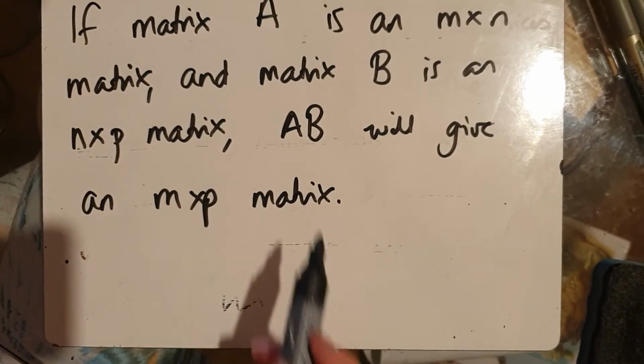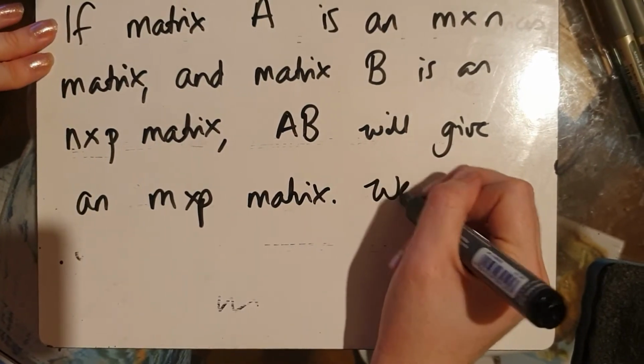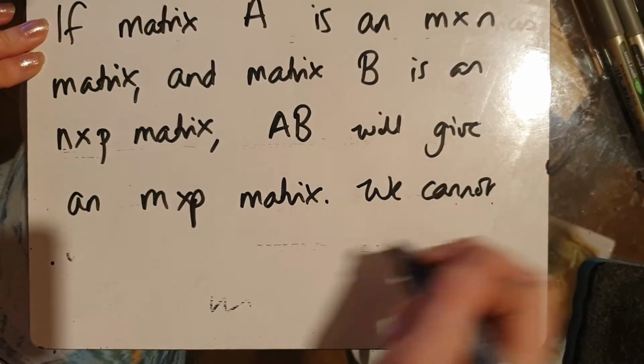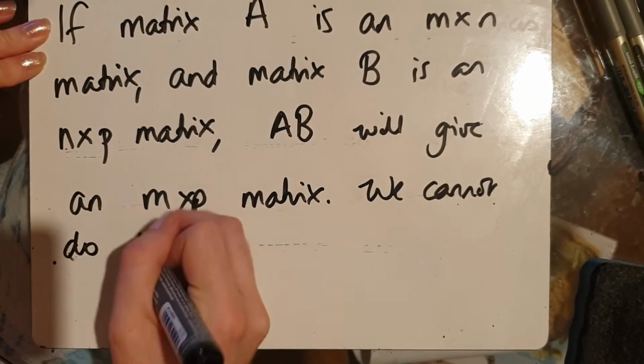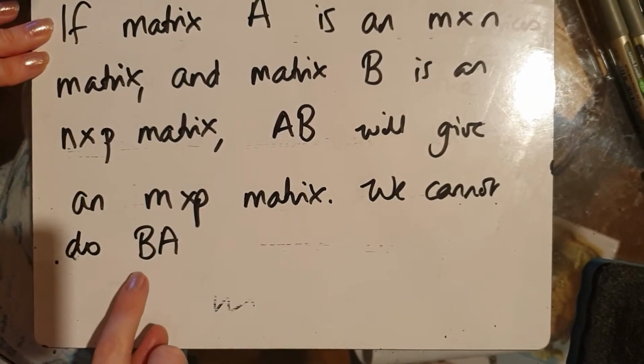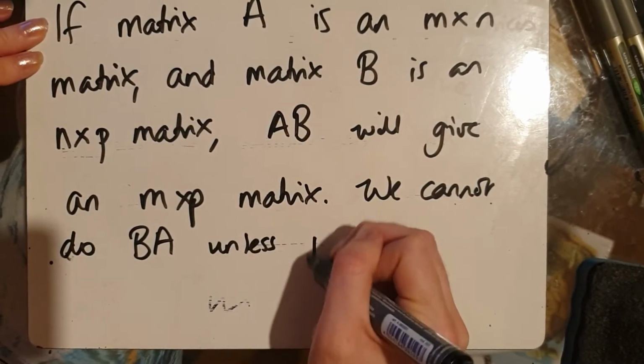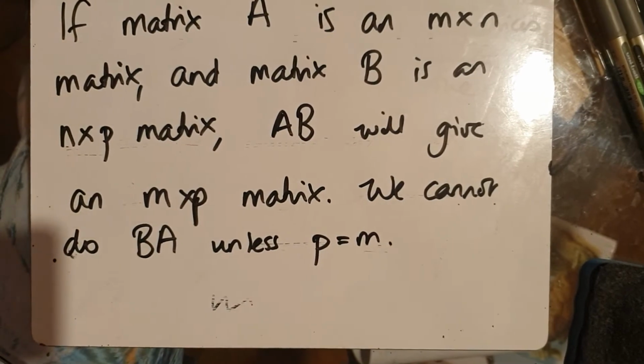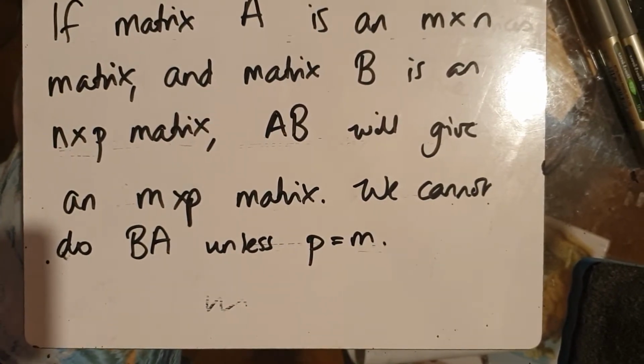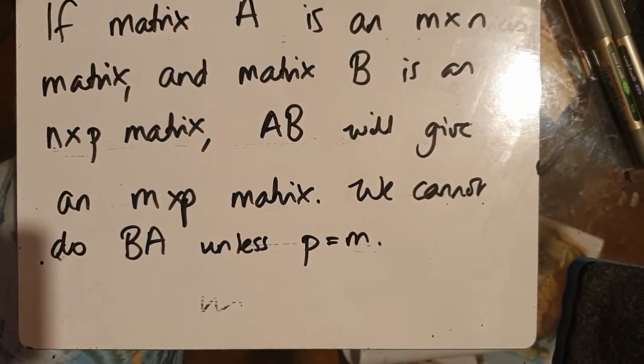We cannot do BA, so we cannot multiply them together in the order BA unless P equals M. So again, pause please and copy that down.